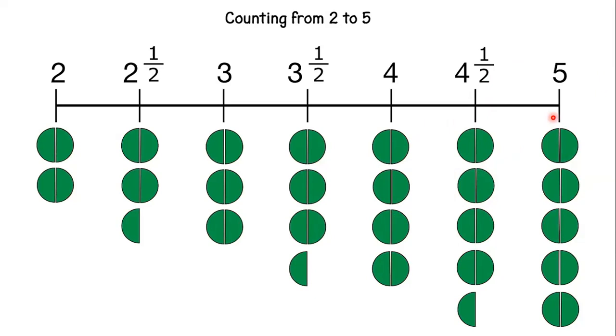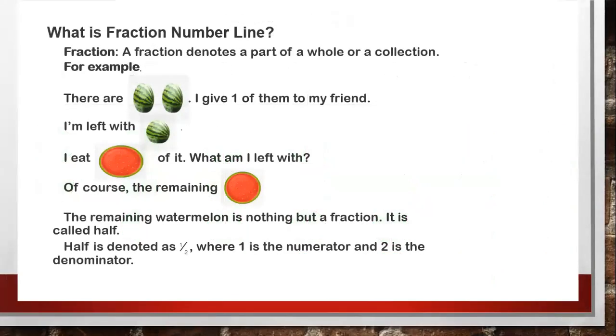As you see in the figure, we start counting from 2 to 5. That is what we call doing a number line in fraction. Understand? Yes. Okay, so let's go to another one.